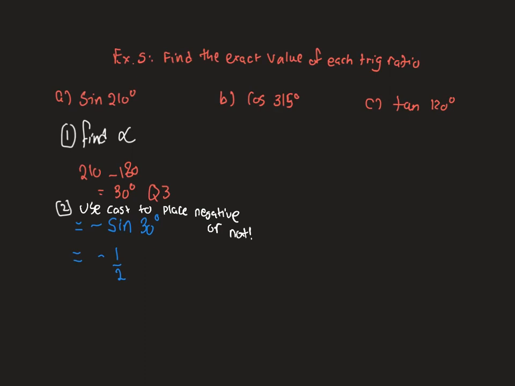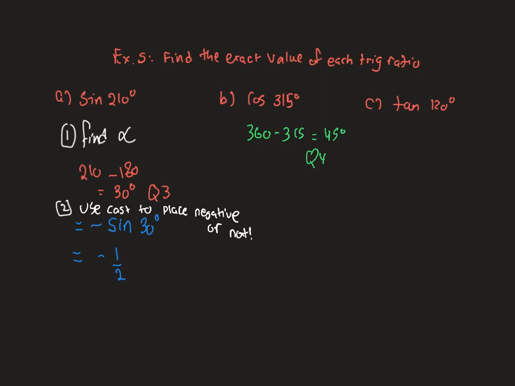Okay, welcome back. So part B, let's take a look here. Let's follow our steps. First step, you're going to do 360 minus 315, which gives you 45 degrees. So it's 45 degrees in quadrant 4.